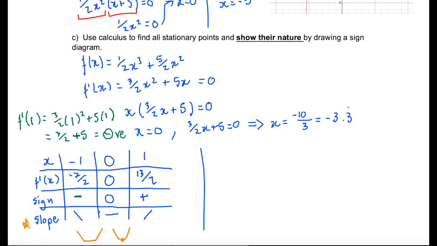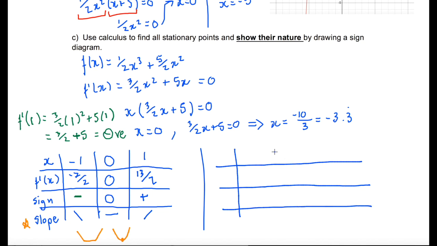Alright, we play the same game over here at this point. Now I'm going to get rid of the f dash of x value. We're just going to think about whether it's positive or negative. So we're going to say our x value, we're going to say the sign of it, and then we're going to say the slope of it. Okay, so at x equals negative 10 on 3, what's that?